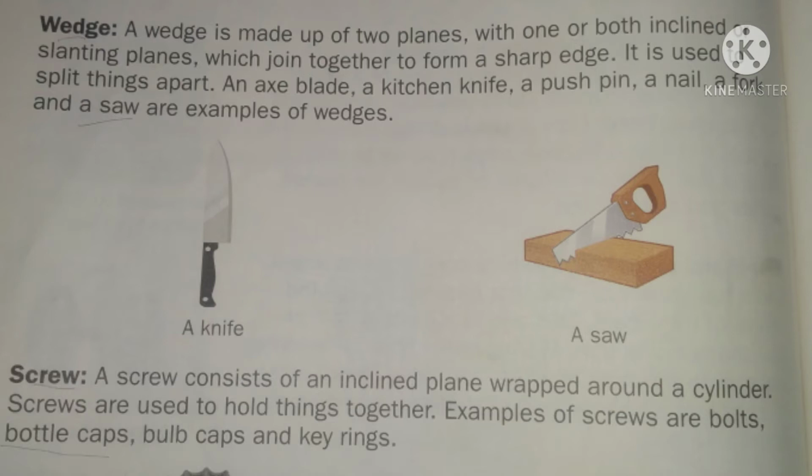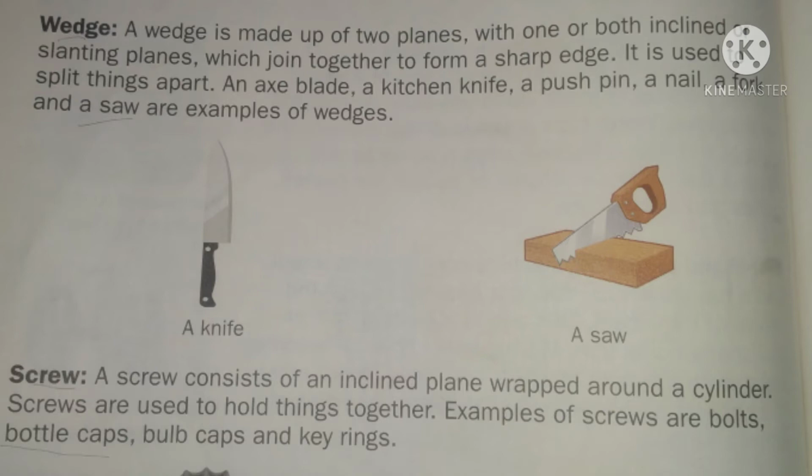There are 2 inclined planes which join together to form a sharp edge, as you can see in the saw also. It is used for splitting things apart. For example, a kitchen knife, a nail, a fork, a saw, etc.